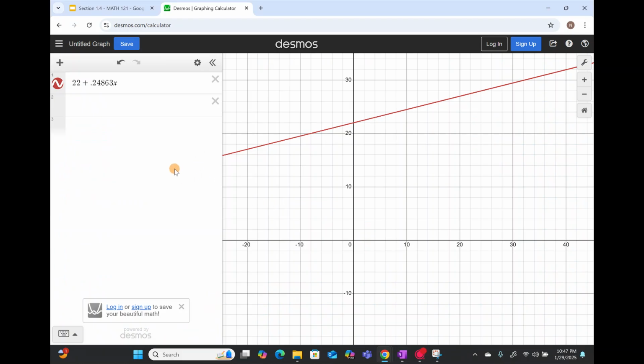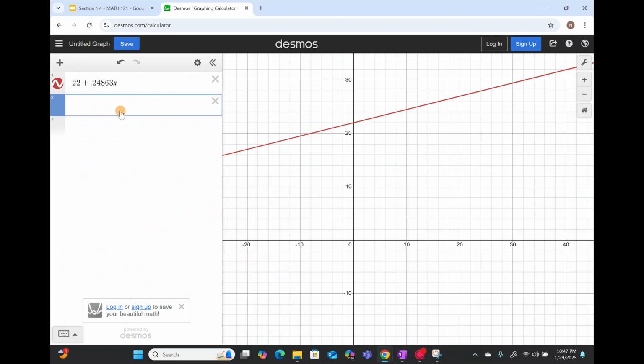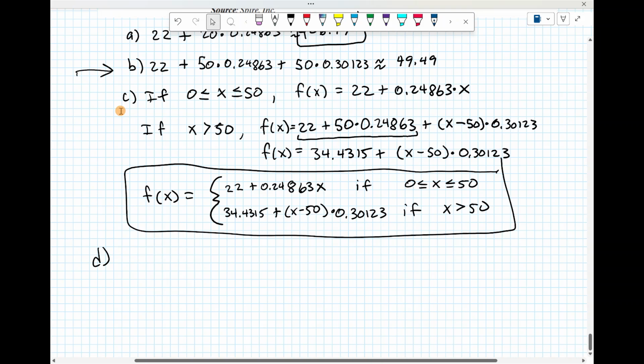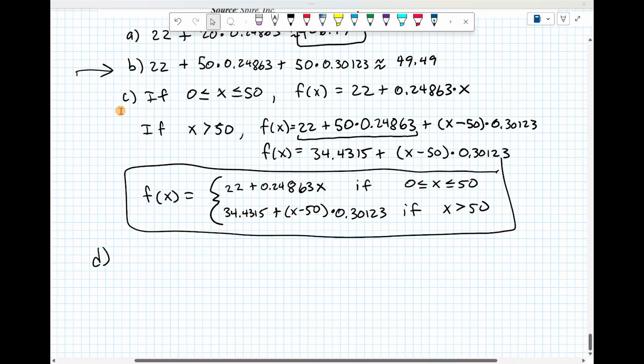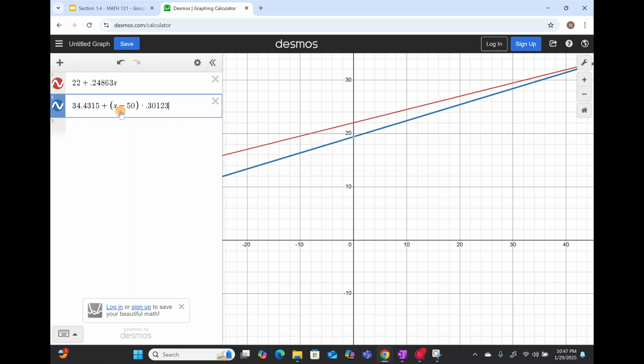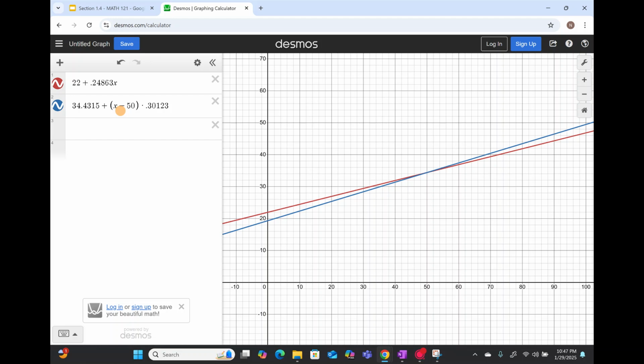And then the other one will be 34.4315 plus x minus 50 times 0.30123. Okay.